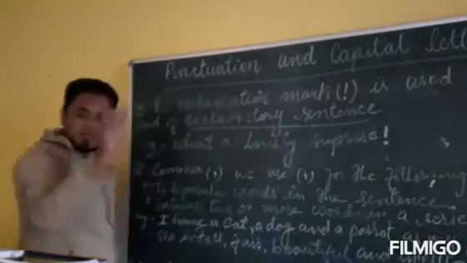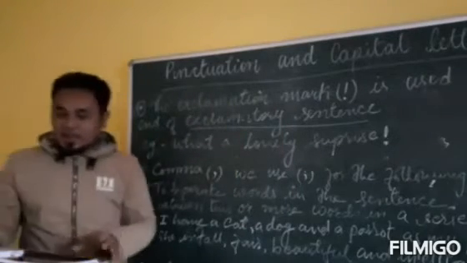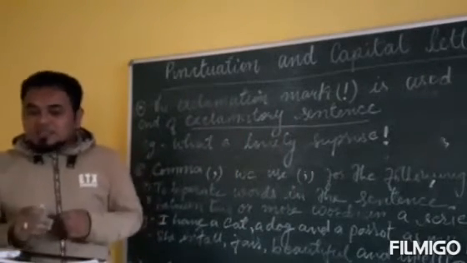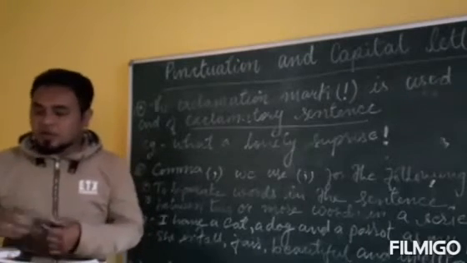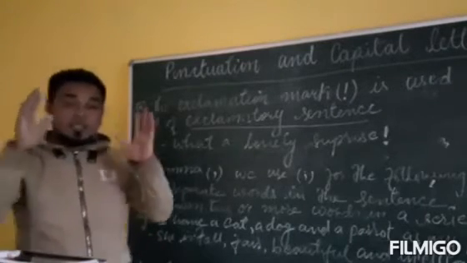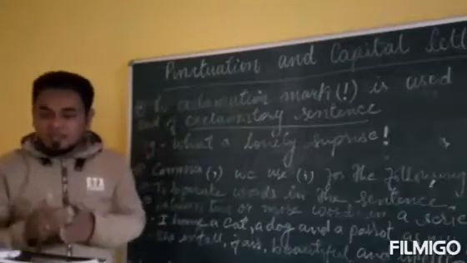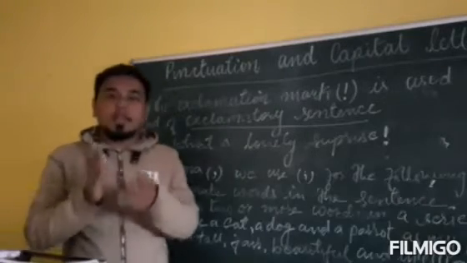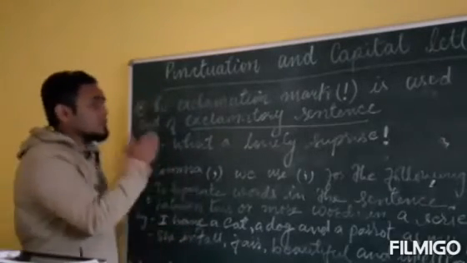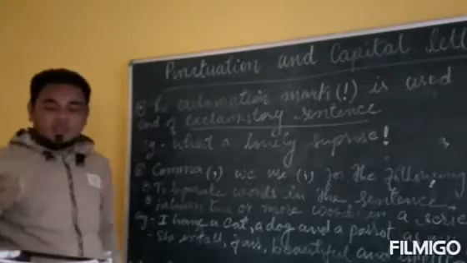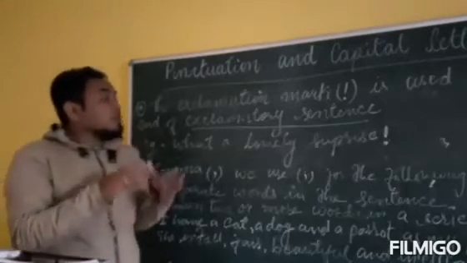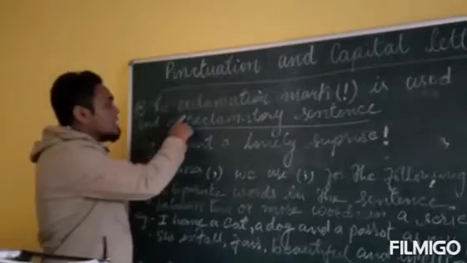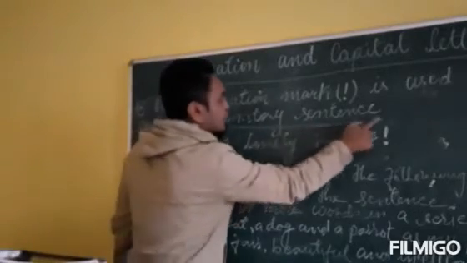It is the sentence that conveys strong emotions and excitement. When there is a sentence which conveys strong emotions and excitement, those kinds of sentences are known as exclamatory sentences.